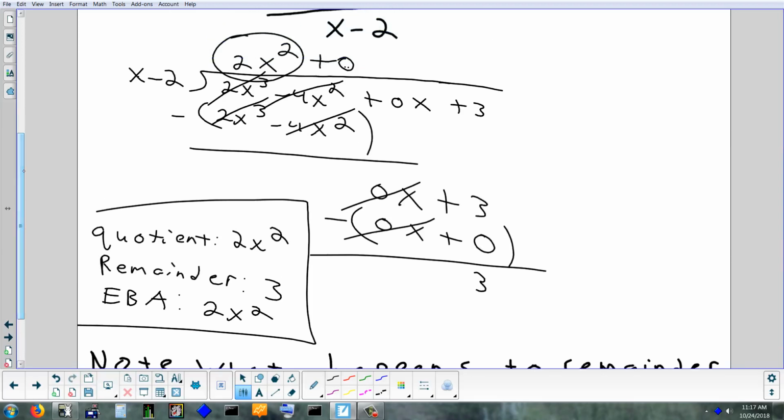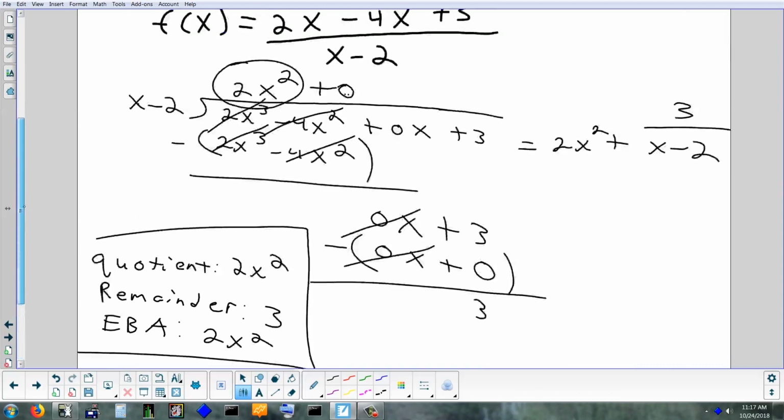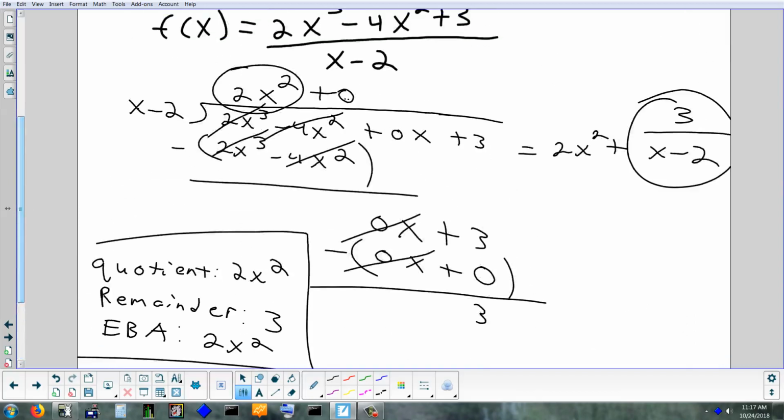So now, remember, another way you could write this answer, if you didn't want to write quotient and remainder separate, you could say your answer is quotient plus remainder over divisor, x minus 2. And now I want you to look at that, and as the absolute value of x gets really big, whether it's a really big negative number or a really big positive number, what happens to the remainder part?